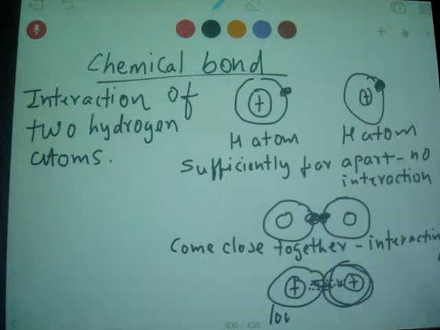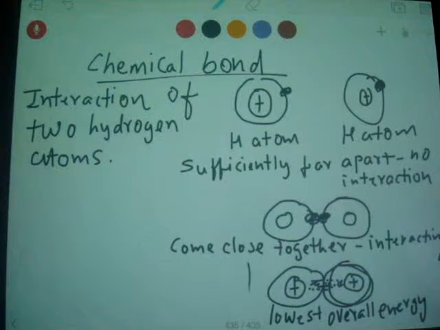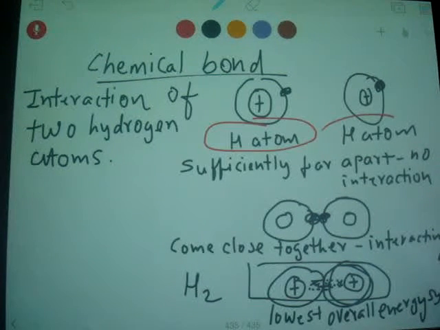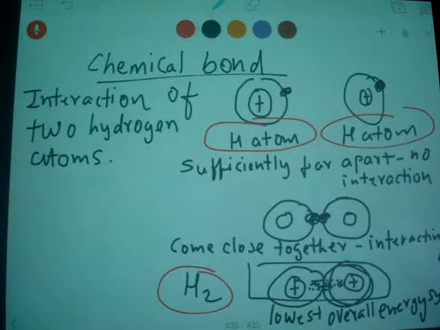That's where they achieve the lowest overall energy of this whole system. That's where you can say the H2 bond happens. They started with H atoms, and that's where you get H2 molecules.